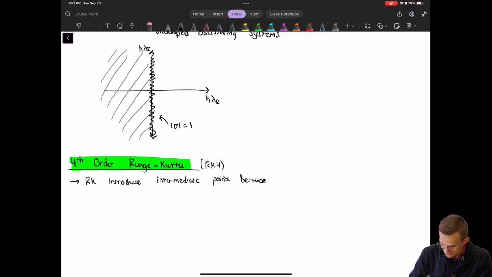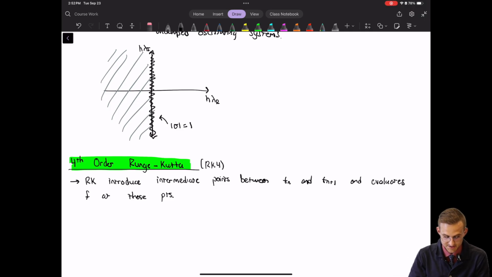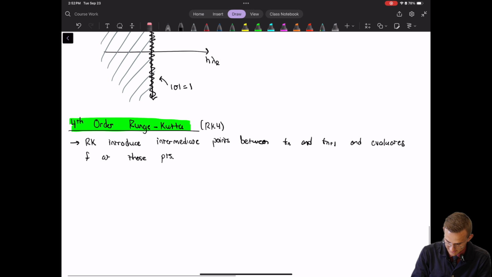So in this case, it would be like tn and tn plus 1, and evaluates f at those points. Which, remember, f is the right-hand side of the equation at those points. Okay, so you get a good accuracy payoff, but most importantly, you get a good stability payoff as well. So what RK4 looks like is the following.